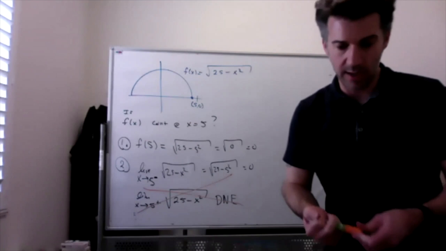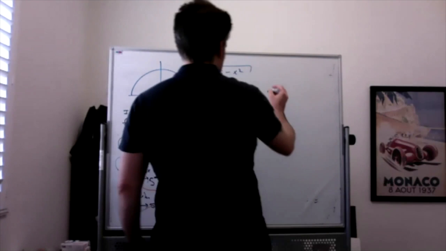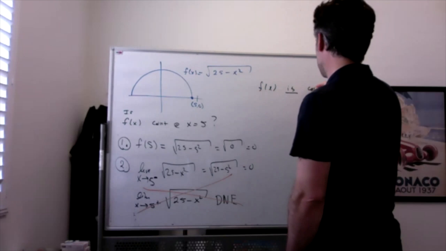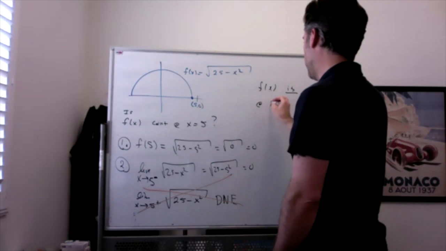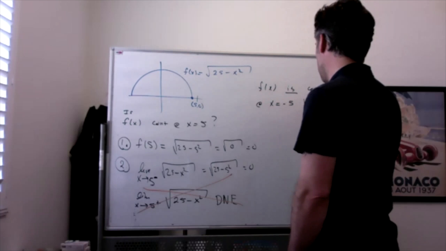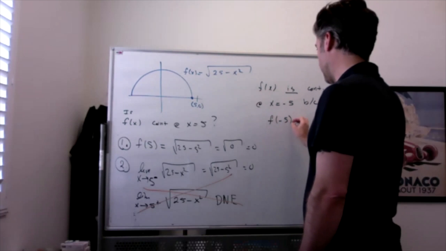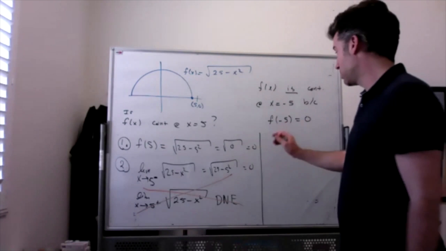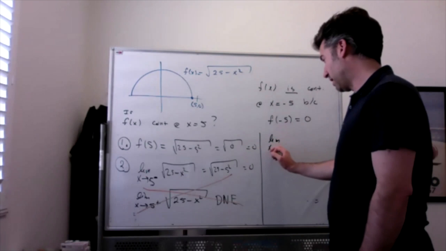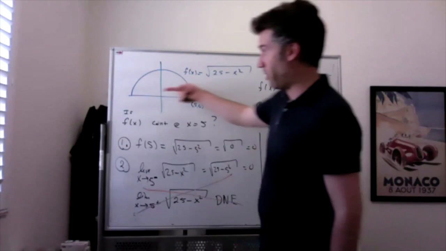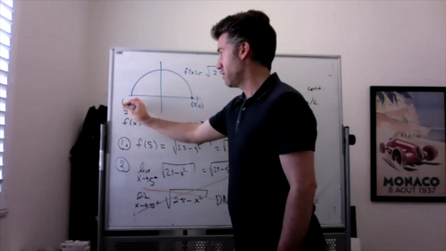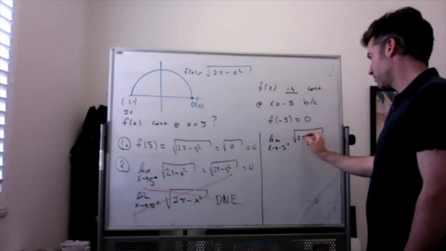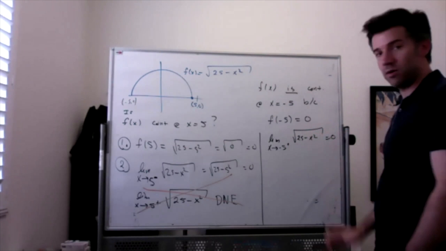And in a similar way, we would say f of x is continuous at x equal to -5 because f of -5 is equal to 0. And the only limit that matters, which is the limit as x approaches -5 from the right-hand side of our function, is also equal to 0.